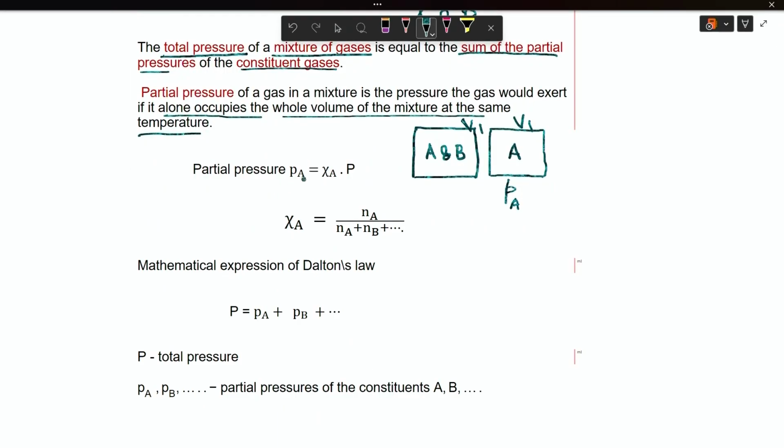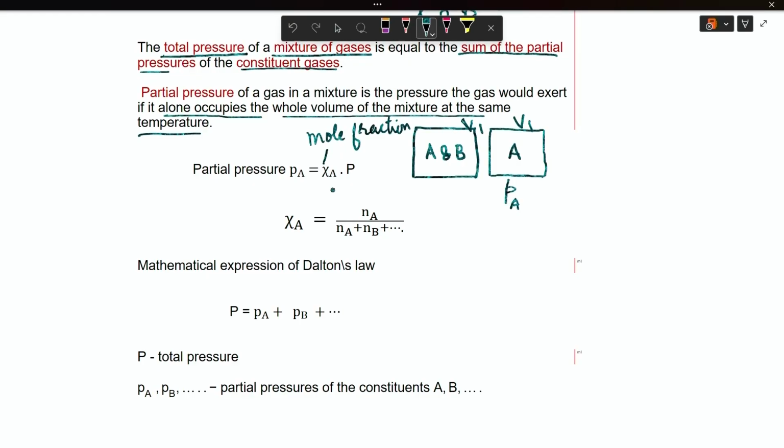Now, how will you calculate partial pressure? Partial pressure of any gas, small letter p suffix A, equals the mole fraction, denoted as chi A, multiplied by P, where P is the total pressure.